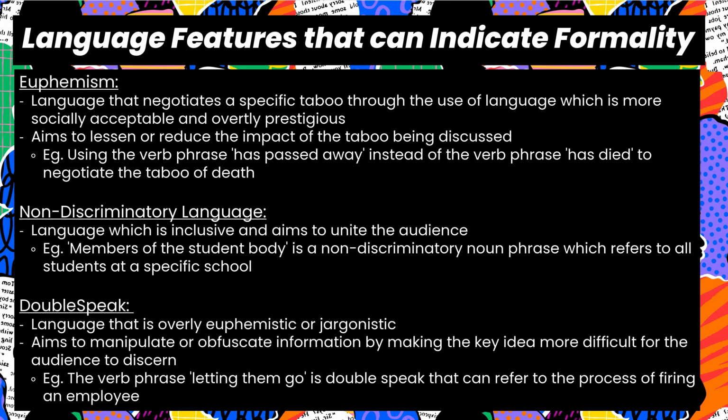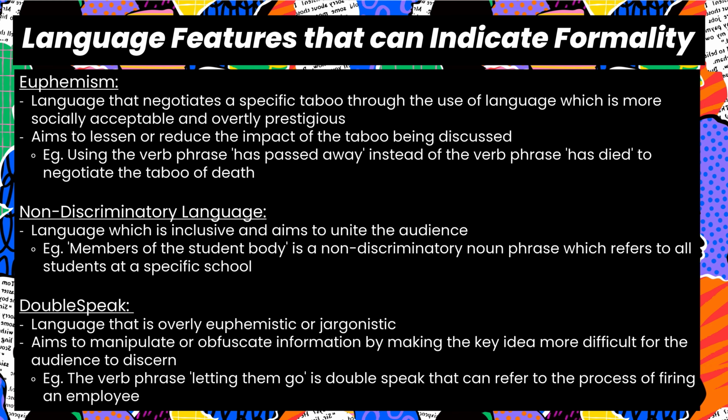And lastly, we have doublespeak. Now, doublespeak includes language that is overly euphemistic and jargonistic, that is deliberately used to manipulate or obfuscate information by making the key idea that the writer or speaker is trying to communicate more difficult for the audience to discern and figure out. Now, when we are analysing our formal language features, if you notice an example of euphemism, wonderful.